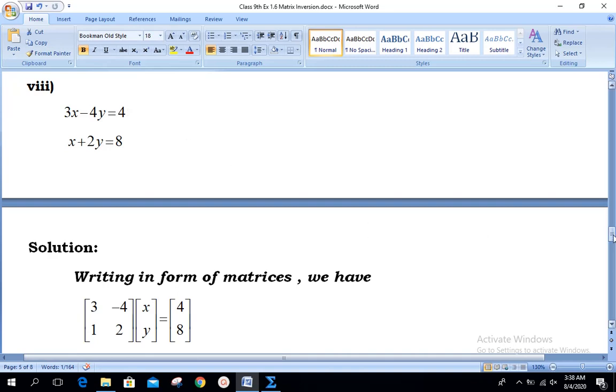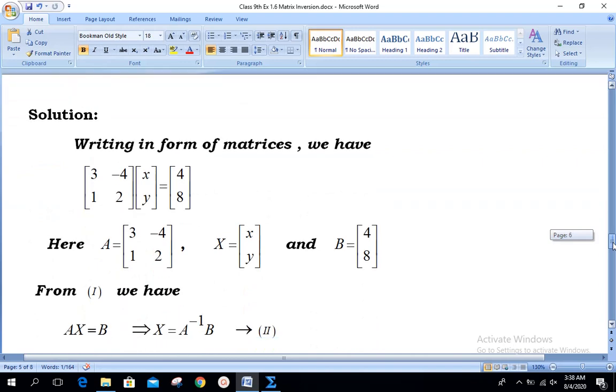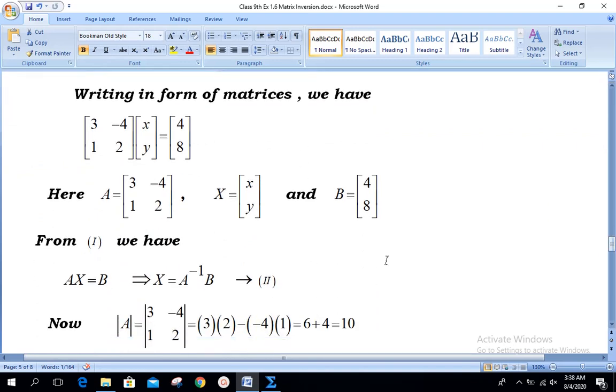So we have A, X and B, and from 1 we have AX = B, which implies X = A inverse B. You can perform the working you understood in part number 1, that how from AX = B you obtain X = A inverse B. Viewers, after reaching here, your main target is to calculate the value of A determinant.